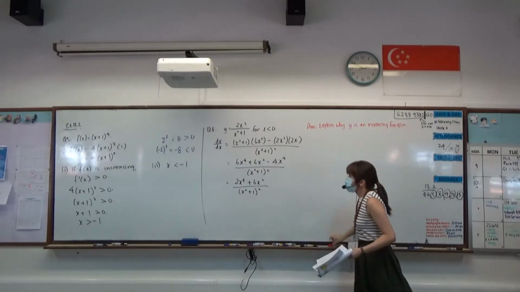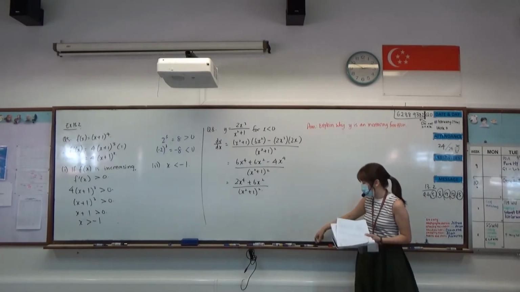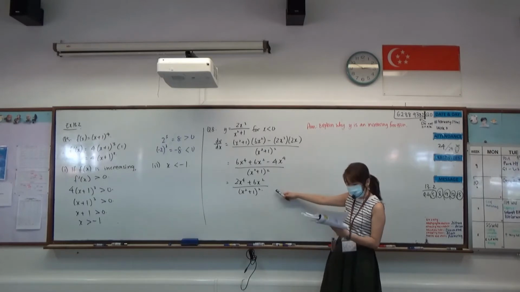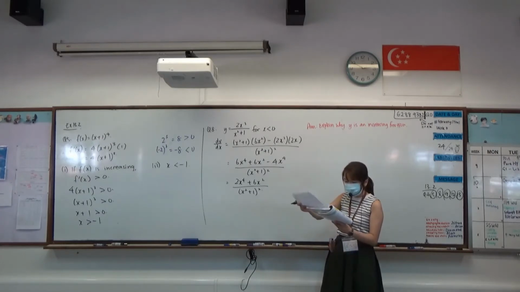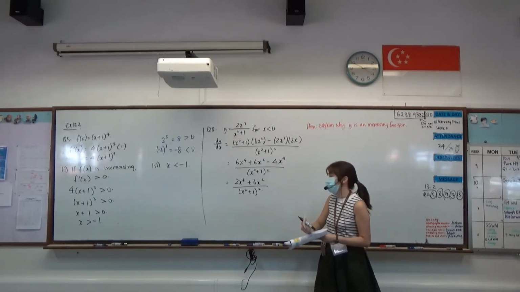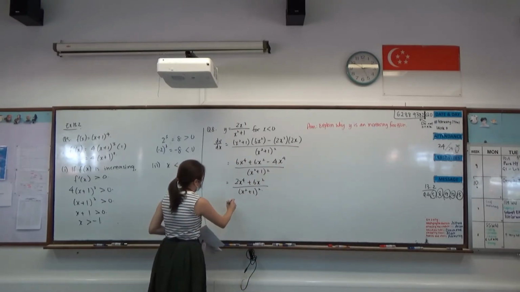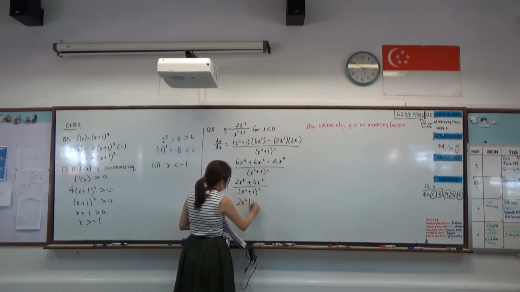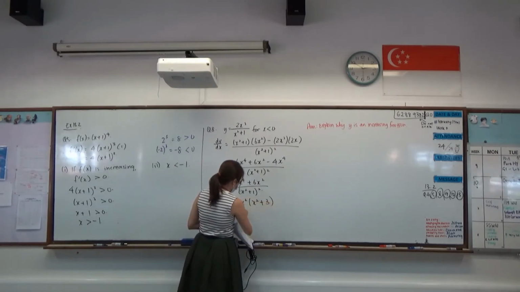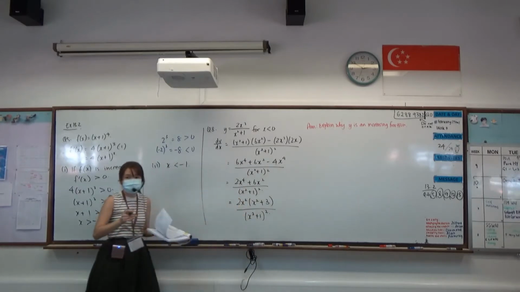Okay. So when you do your differentiation dy over dx, you can give your answer like this, as per what the question wants, to get dy over dx. You could also choose to factorize in the numerator. That is perfectly fine as well, in order to get this.